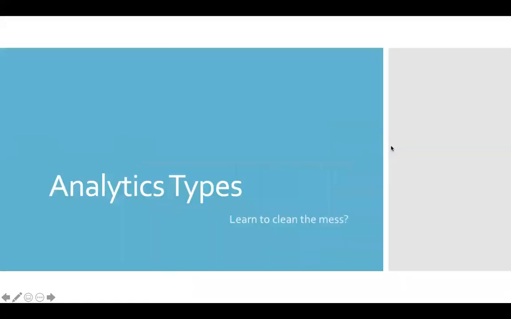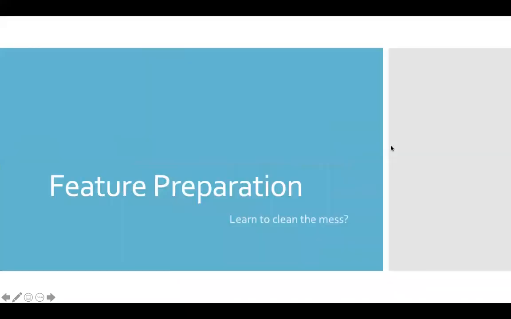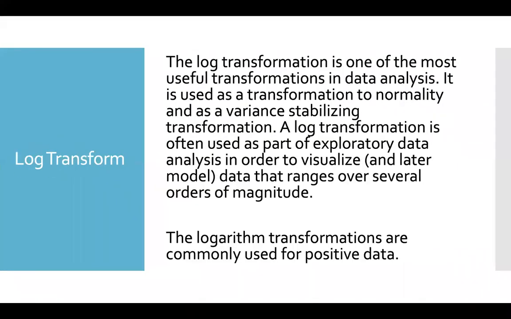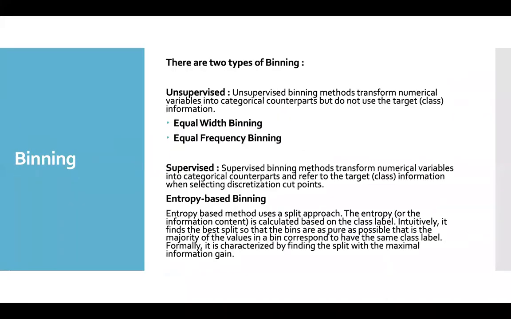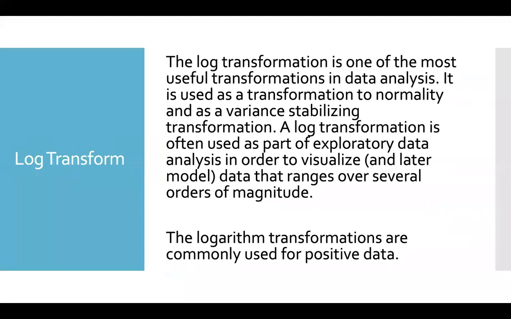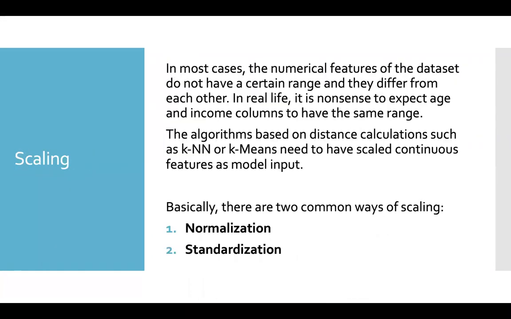If you want to understand this, I have also picked up this logic where you do the transformation. There are multiple ways: one is log transformation, then you have normalization and standardization of the data.